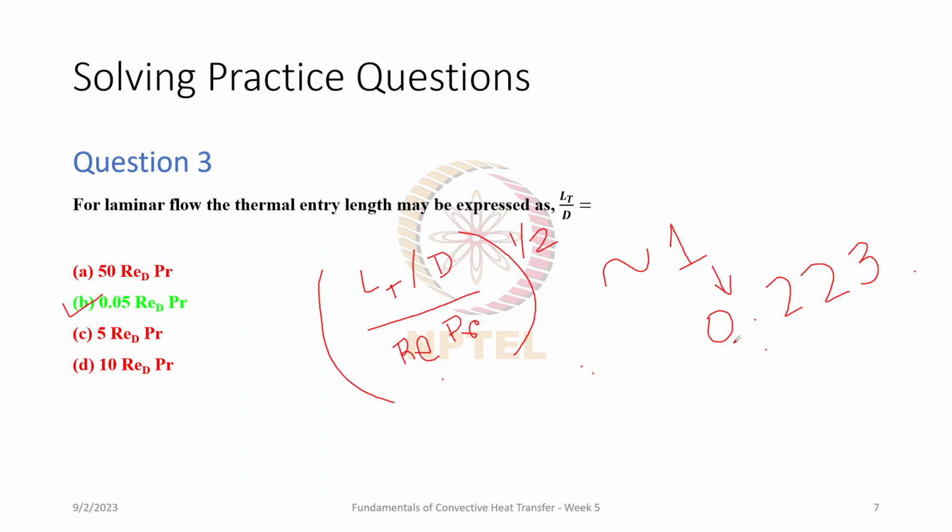Instead of 1, we are getting 0.2, not something like 20,000 or 0.0002. So this is a case in favor of scaling analysis. Okay. Any questions regarding this one? Or any questions regarding entry lengths, thermal entry lengths or hydrodynamic entry lengths? If not, we will move along.